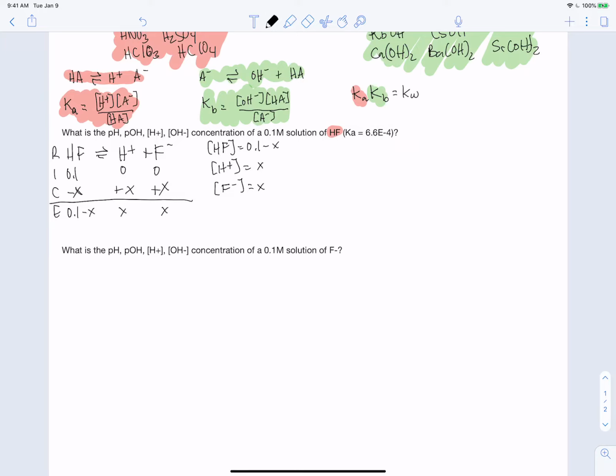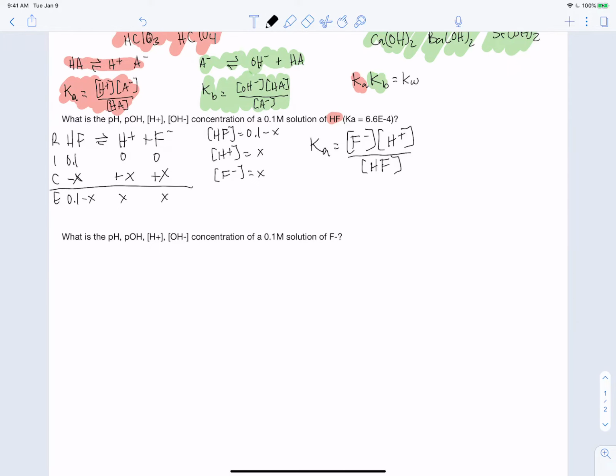And so we can write out an equilibrium expression for this. We can say that Ka is equal to F minus times H plus, so the products over reactants. We put this over HF, and then we can plug in these values that we've expressed over here algebraically into this mass action expression for the acid dissociation equilibria.